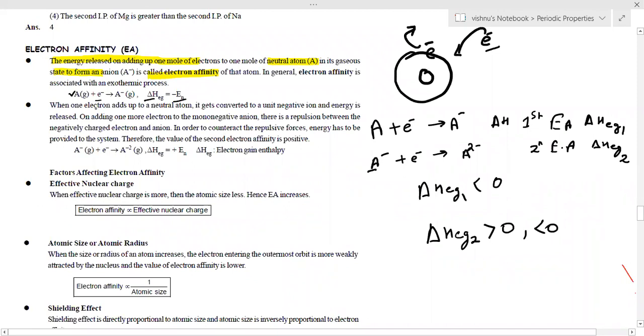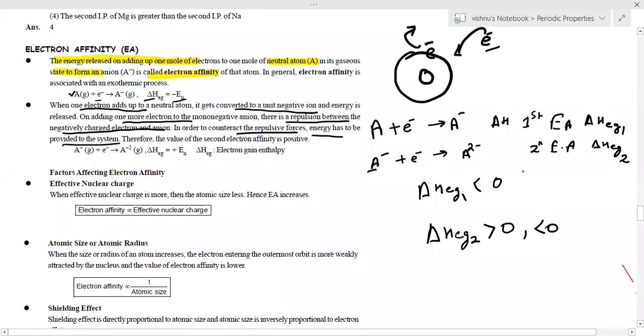So I can say that if 1 electron is added, it gets converted into a negative ion. But when you add 1 more electron, there will be repulsion between the negatively charged atom and the electron, and in order to overcome that, energy should be supplied.